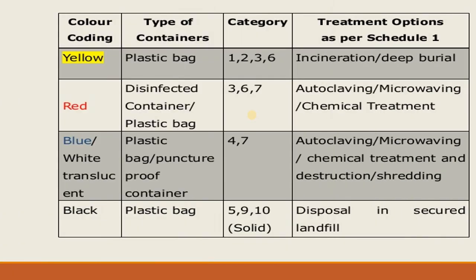This is the color coding: yellow, red, blue, white and black. First we will see the color coding, type of container, category, and the last one is treatment option as per schedule. First, yellow: the type of container is a plastic bag, category 1, 2, 3 and 6.